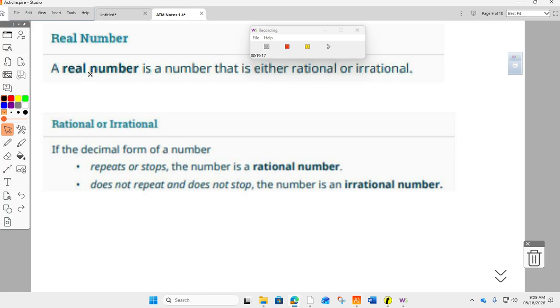Within the category of rational, there's a subset of other categories, right? We need to be able to identify them and use every category that's possible that they could be categorized in. Remember that a rational number is any number that you can write as a fraction.